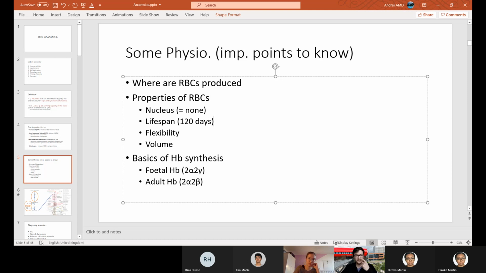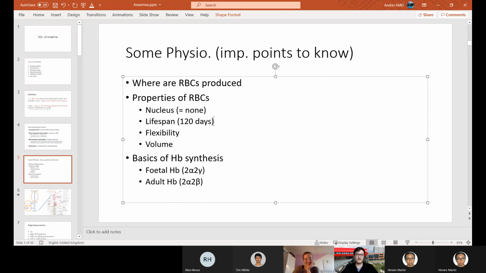The importance of the lifespan is that normally in non-pathological conditions, the cells get to live a full 3 months. However, in some conditions, such as hemolytic anemias, they live less. You know, something happens to them, an accident, they get murdered in the street. So their lifespan would be shortened.